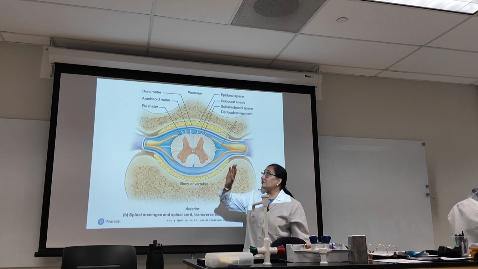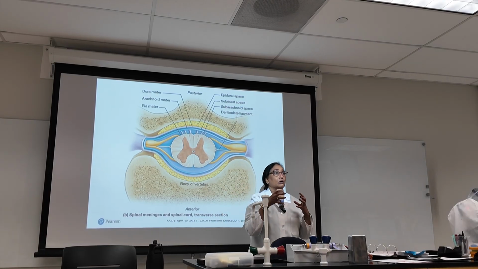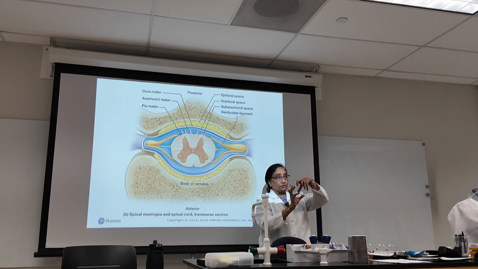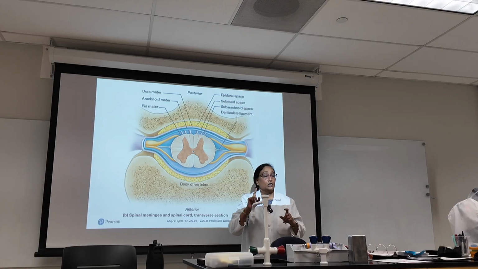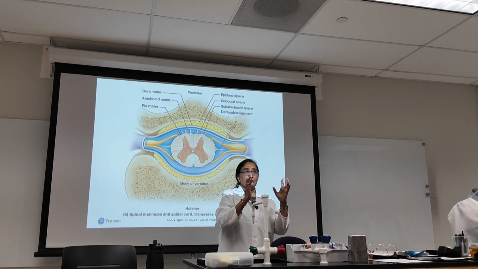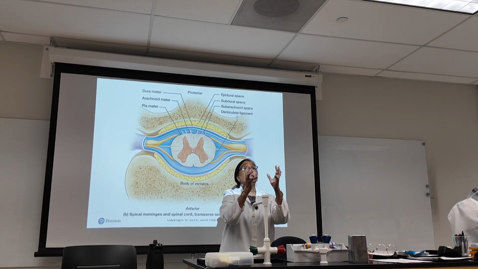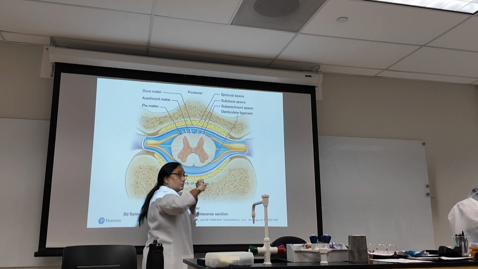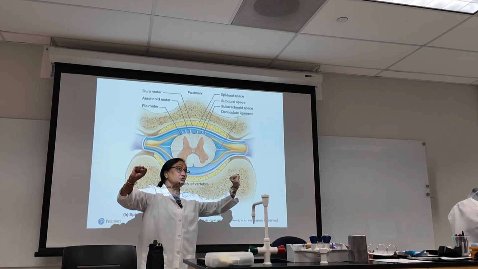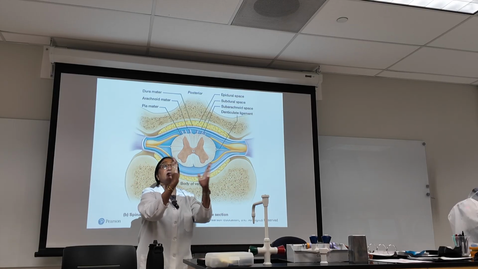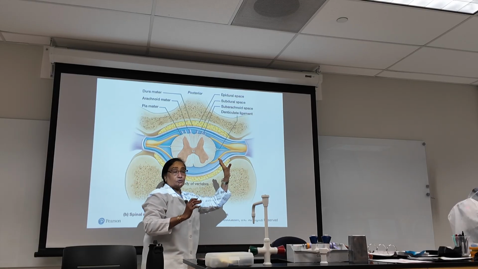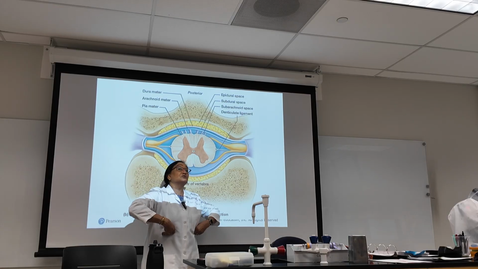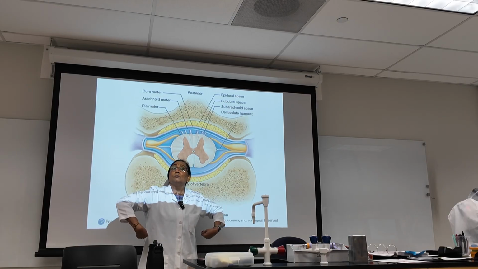Before we go on to look at what the spinal cord looks like, another thing: the spinal cord is sort of floating in the CSF here. So in order for the spinal cord to remain in position, you need to anchor it to the bone, so that it doesn't move within the vertebral space. There are ligaments that attach the sides of the spinal cord to the bone.